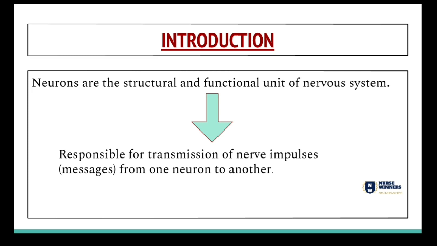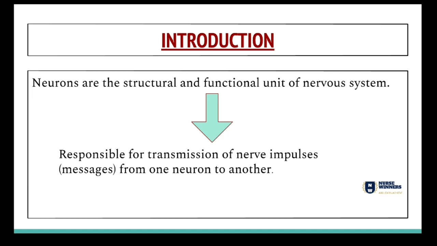Similarly, when you look at the nervous system, the whole nervous system is made up of millions of neurons. That is why it is said neurons are the structural and functional unit of the nervous system. The main basic function of the nervous system is transmitting certain messages, which are called nerve impulses.